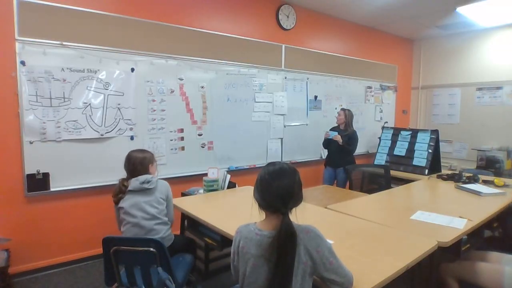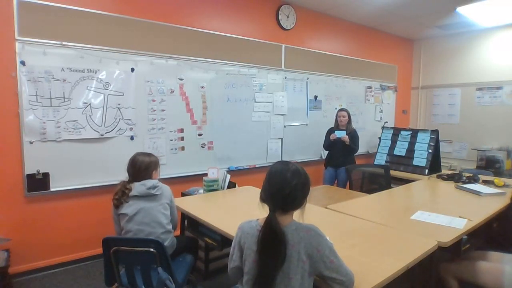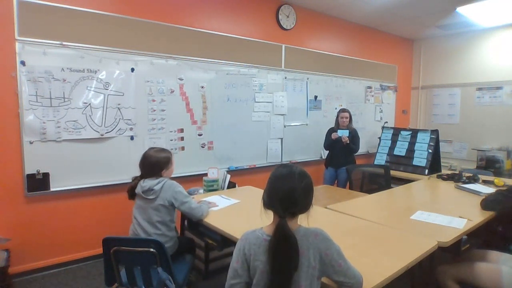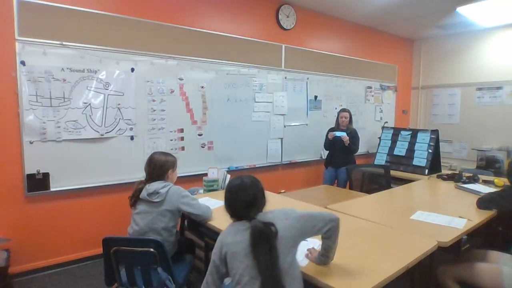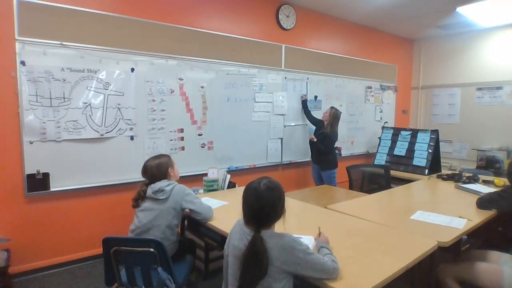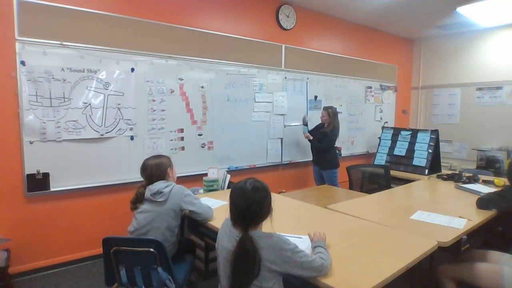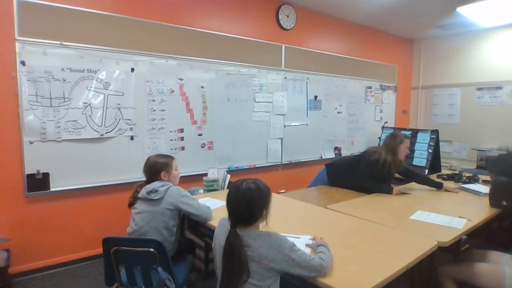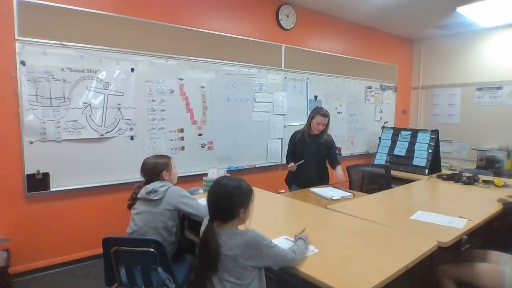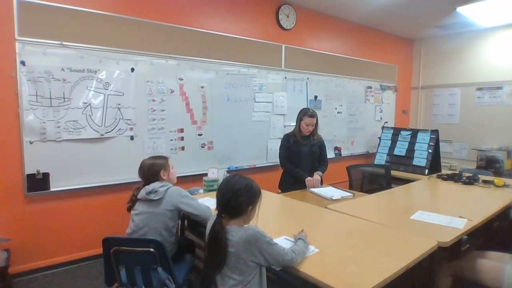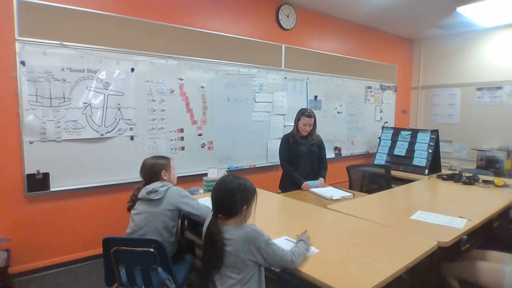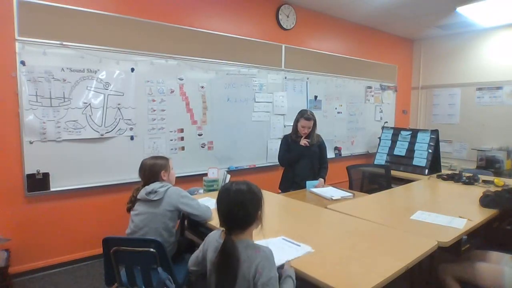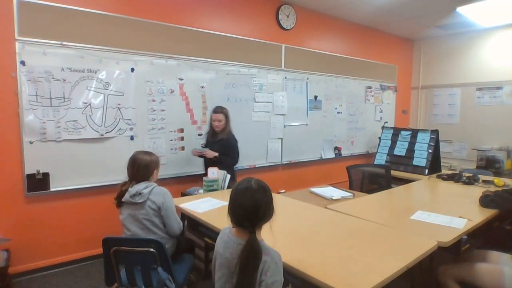When we see Y at the end of our base word, we read it as E, and it means marked by, having, or with. If we see an initial or medial G before E or I, we read that sound J. Good job, you guys.